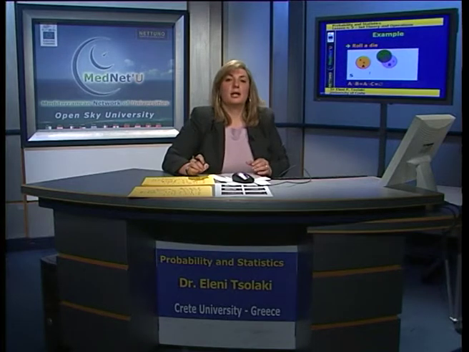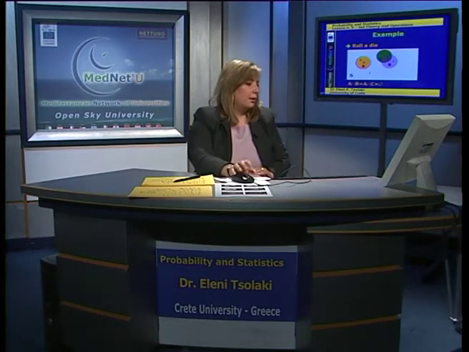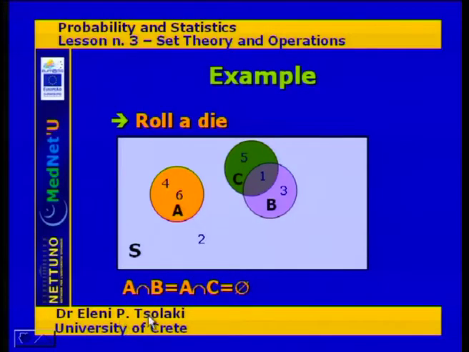We are going to see graphically again all this. We said that the intersection here of A and B, A and C, is the empty set.